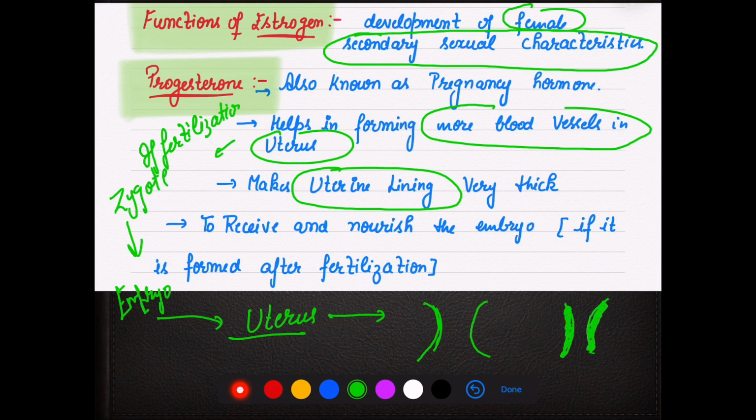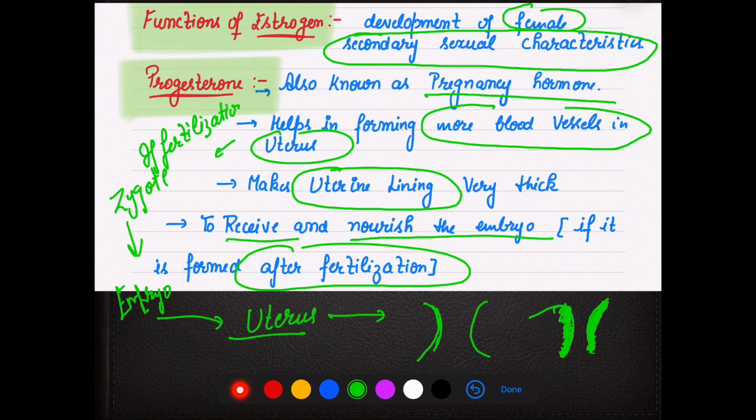This uterus lining is filled with the blood vessels, and it becomes very thick, so that it can receive the embryo, it can nourish the embryo if embryo is formed after fertilization. That is why it is known as the pregnancy hormone also, because it nourishes as well as receives the embryo.